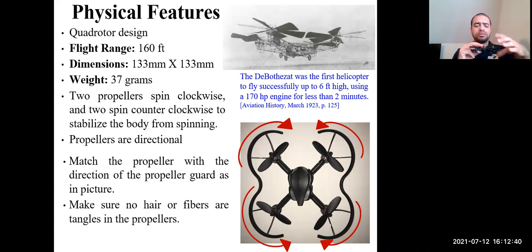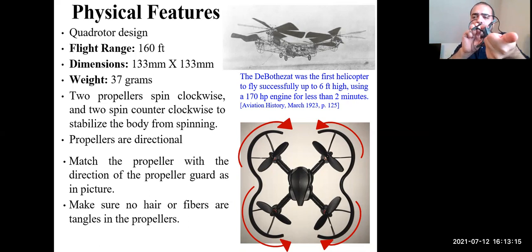Because of that moment that is generated, it has to be counteracted by this one over here. This here is right-handed, so it's going to generate the thrust upwards, but it's going to rotate in this direction. In other words, they're going to counter each other's moment. The same thing here. This one is going to be left-handed.